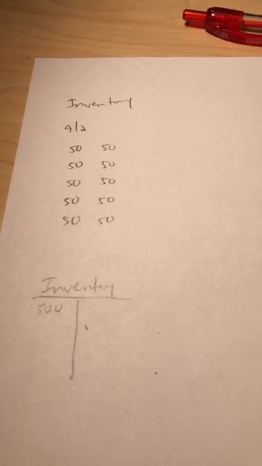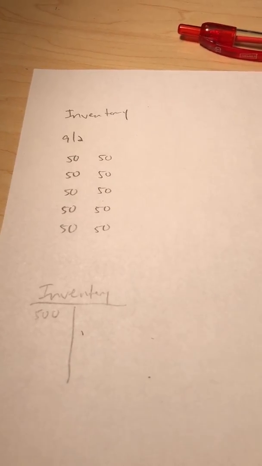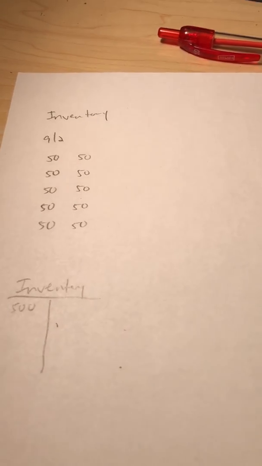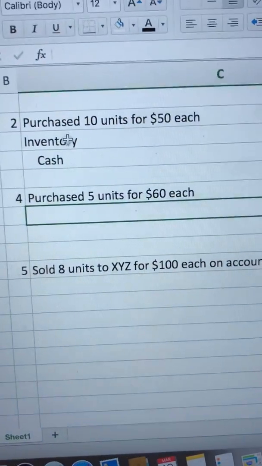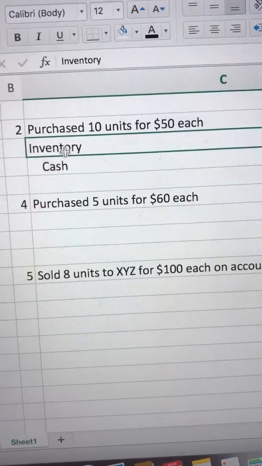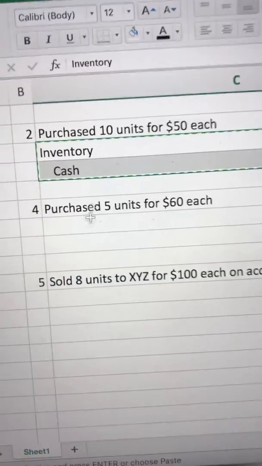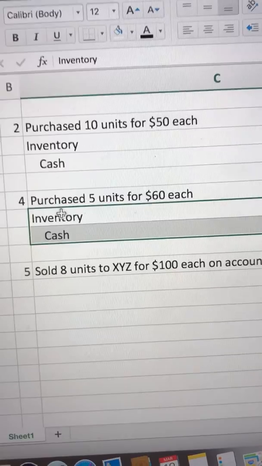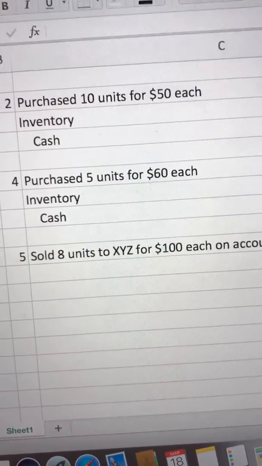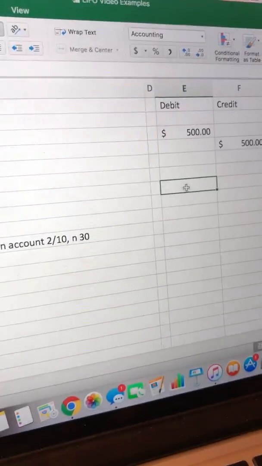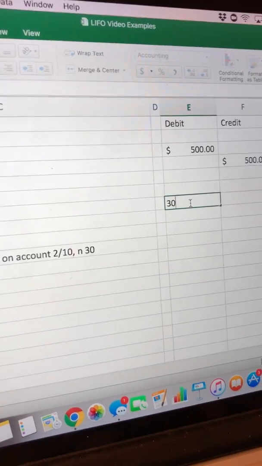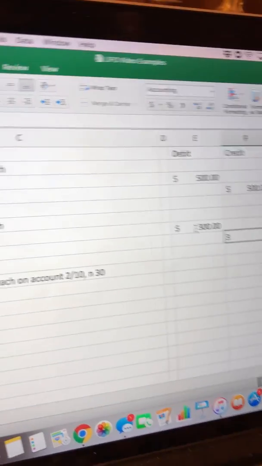The next transaction says we purchased 5 units on the 4th for $60 each. So that one is really simple. We're just going to copy this here. 5 times 60 is $300. So we'll put in 300. And we'll go back to over here and do 9/4.